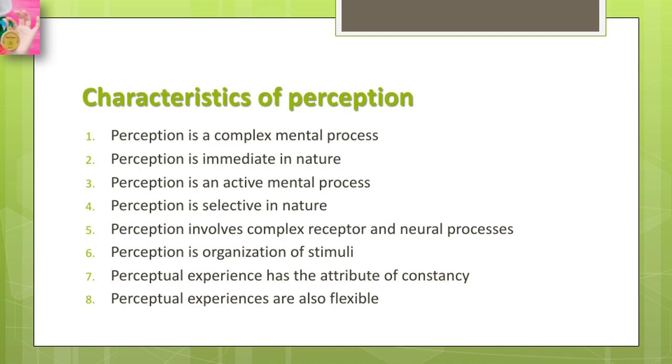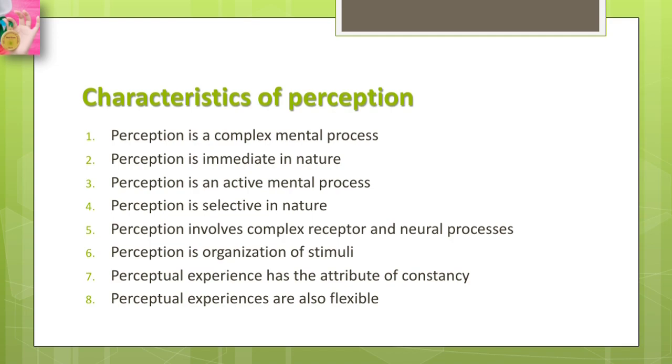For example, some pictures appear different at different times. Similarly, some clothes are designed so that their shades appear changing moment by moment. Thus, under certain varying conditions, perceptual experience does vary, which is known as the attribute of flexibility.